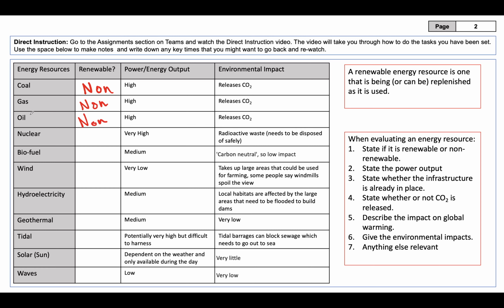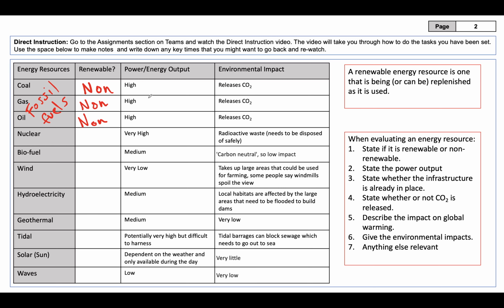So these three here are all examples of fossil fuels. So these were formed millions of years ago when organisms died and were covered in sediment, or they sank to the bottom of the sea and were basically somewhere where the air or the oxygen couldn't get to them, so they didn't break down properly. Then over millions of years they formed these fossil fuels.